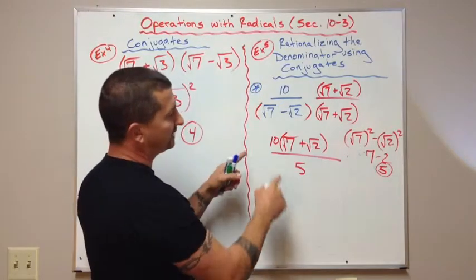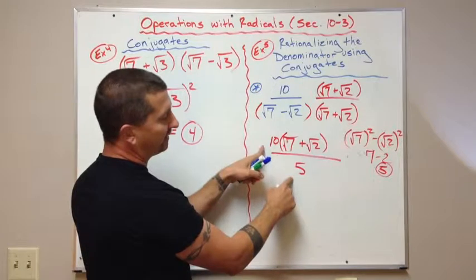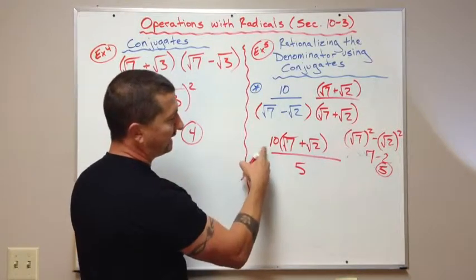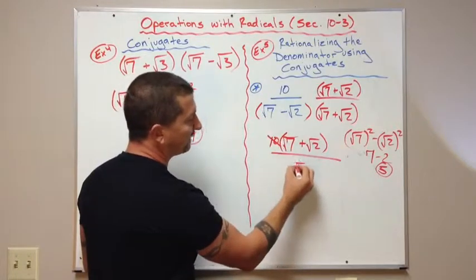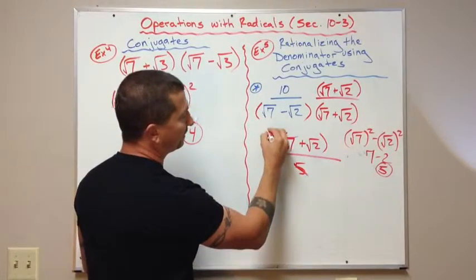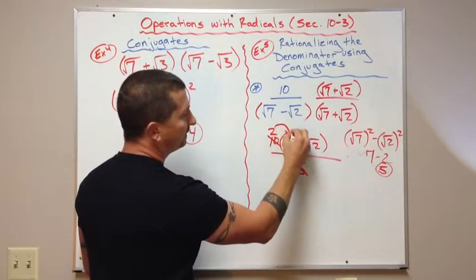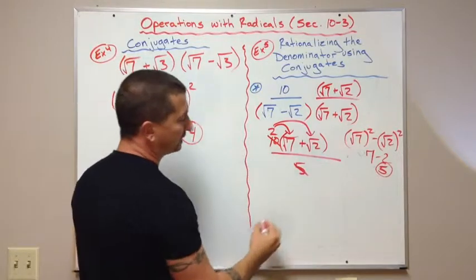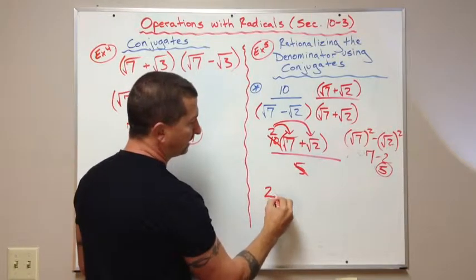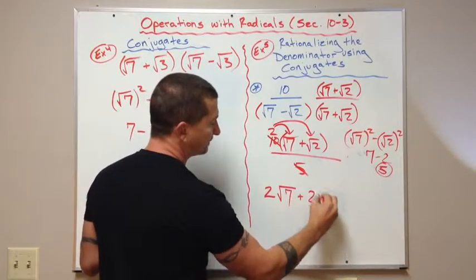Now, here's the reason I didn't distribute this already. These two have common factors that we can cancel. 10 has two factors, 2 times 5, so we can cancel a factor of 5 out of that and this 5 out, and we're left with a 2. Now let's go ahead and distribute our 2 to the square root of 7 and the square root of 2. So our answer is 2 times the square root of 7 plus 2 times the square root of 2.